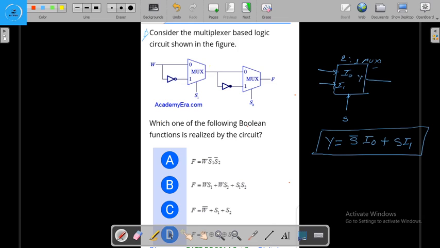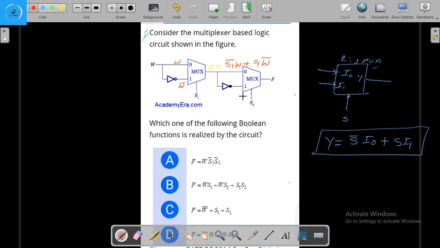We are calling this P. So P will be equal to S1 bar W plus S1 W bar.